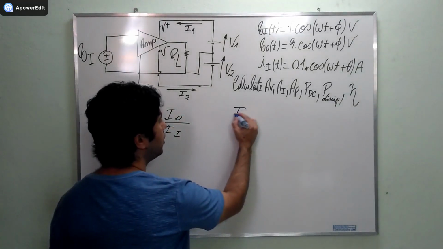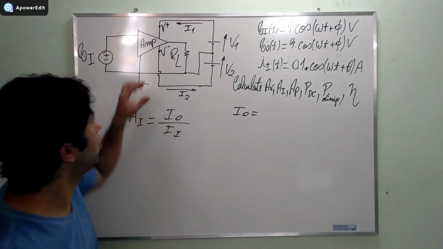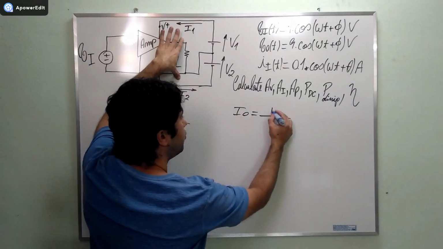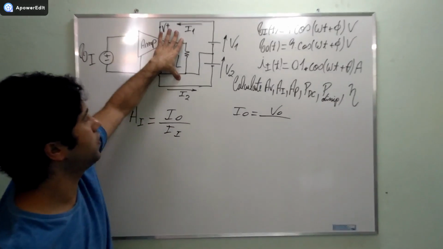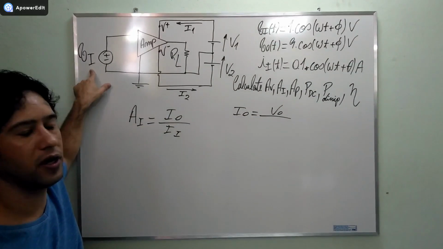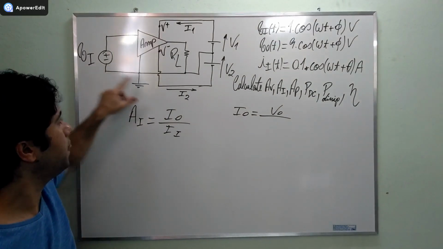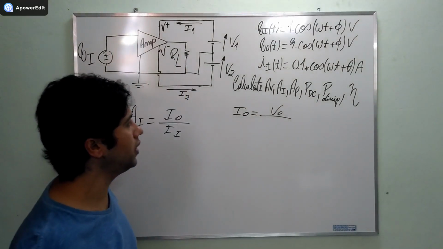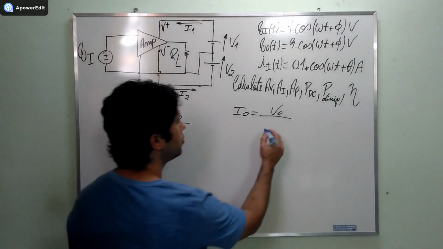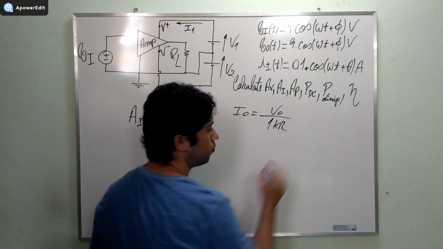The output current here is going to be equal to this voltage here. What is this voltage? This voltage is V0, the voltage that is already amplified, the amplified version of VI, and then the load here. I forgot to mention the load here is 1 kilo ohms.